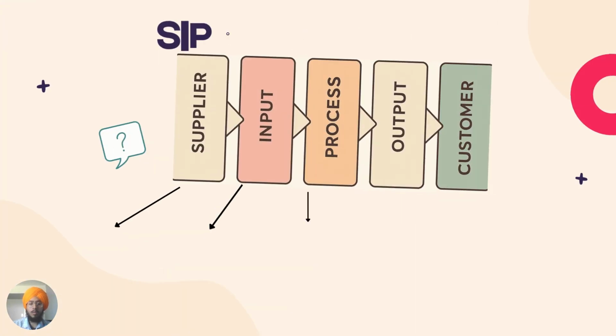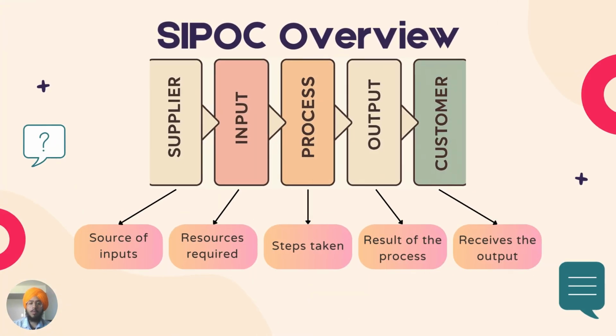So next we'll move towards the SIPOC overview. Let's take a closer look at each element. First we have supplier. Supplier refers to the person or organization that provides any input to the process. Then we have input. Input is the material, data, or information needed to perform the process.